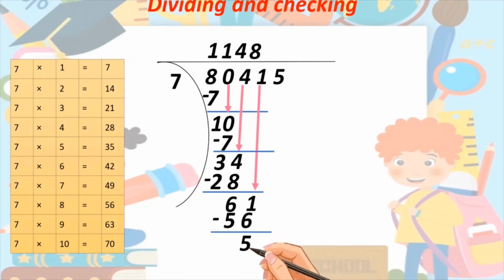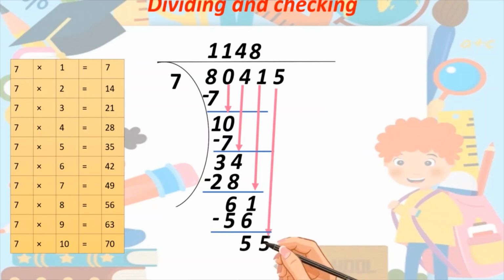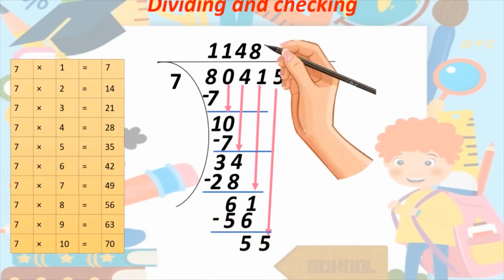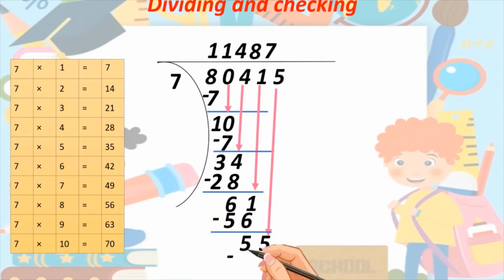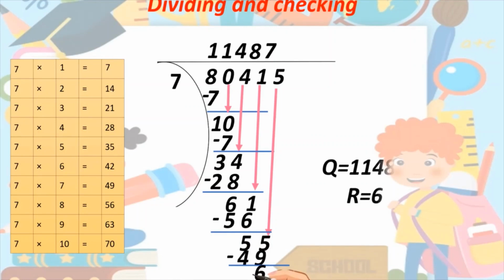Now we bring down the next digit and write it as 55. So look into the table again. So 7 sevens are 49 and the remainder is 6. So here the quotient is 11,487 and the remainder is 6.